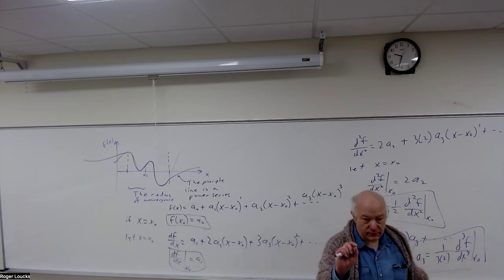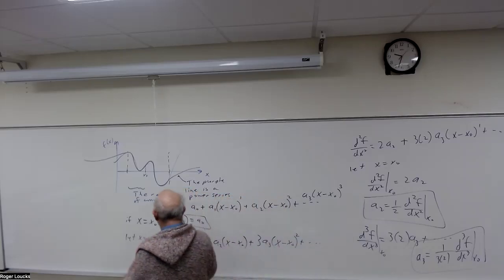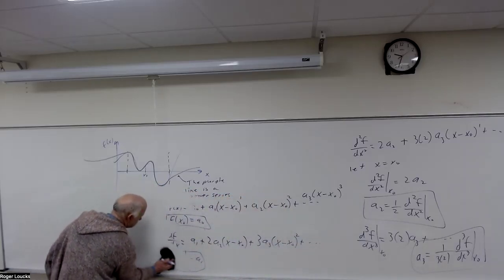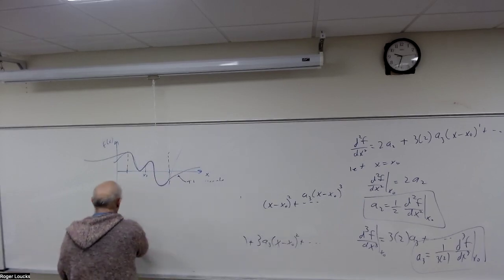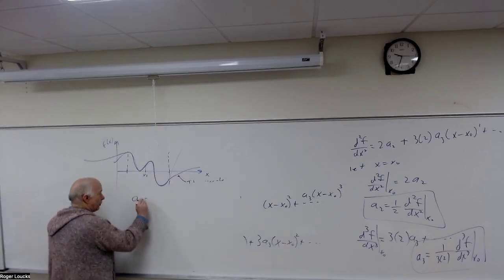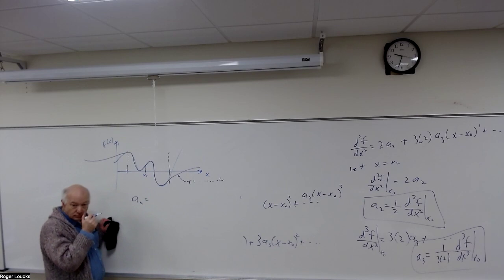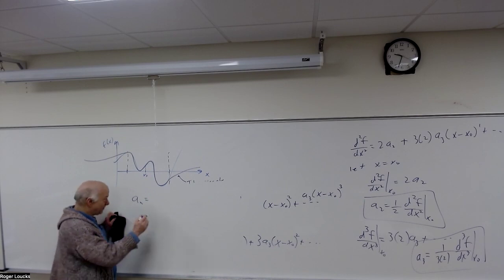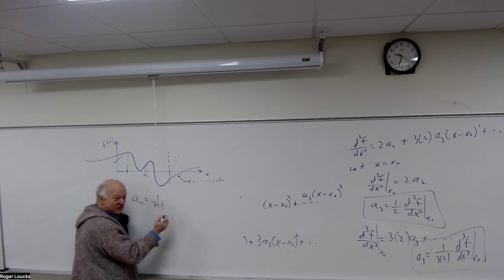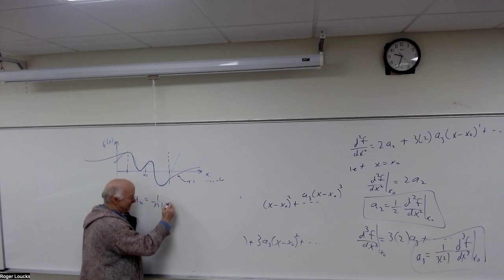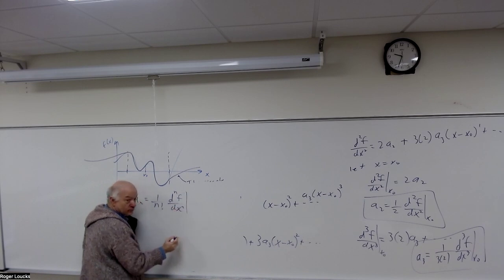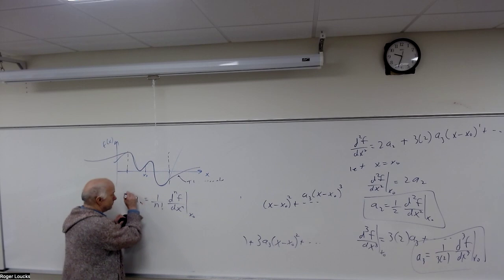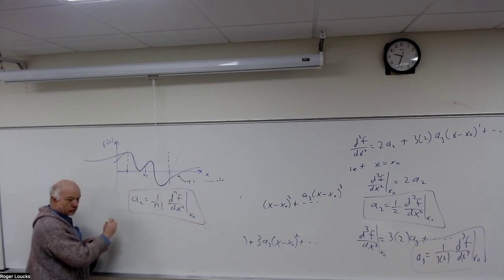So if I want the nth term, in general, a n is going to be 1 over n factorial times d to the n f over dx to the n, evaluated at x naught. That's what you have.